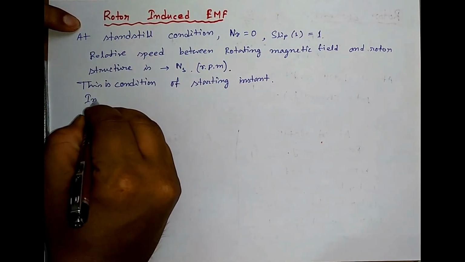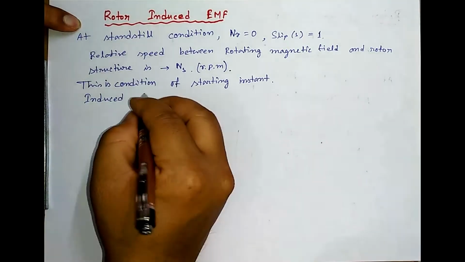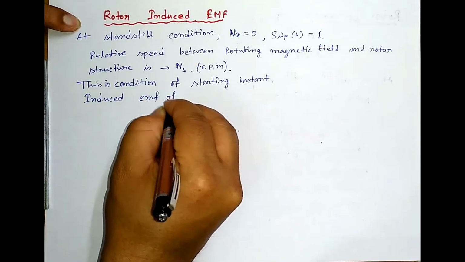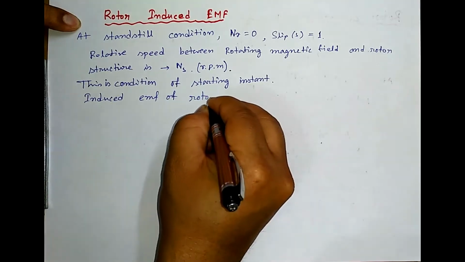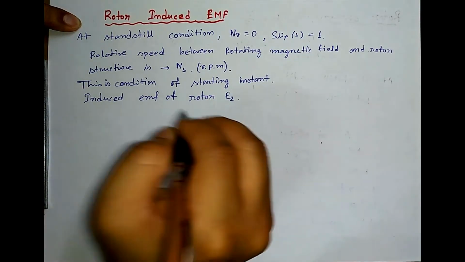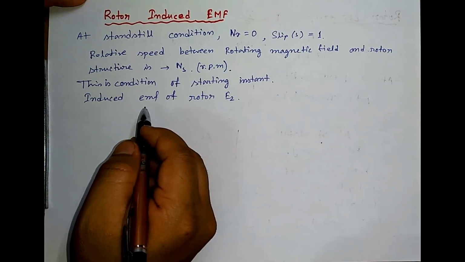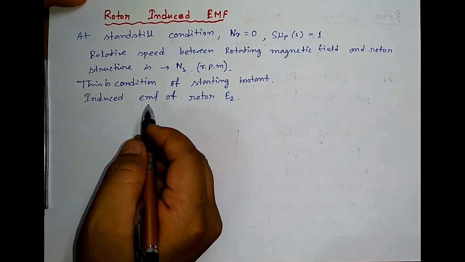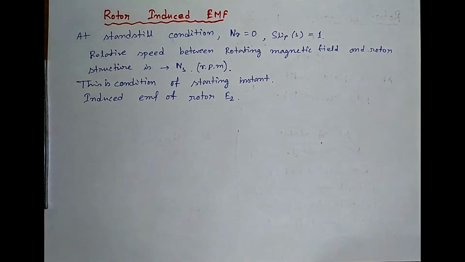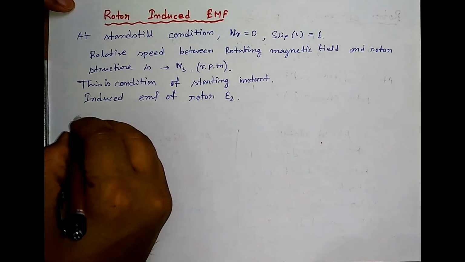The induced EMF of the rotor is E2. At the starting instant, the relative speed between the magnetic field and the rotor structure is maximum, that is Ns, so the induced EMF in the rotor conductor, E2, is also maximum.